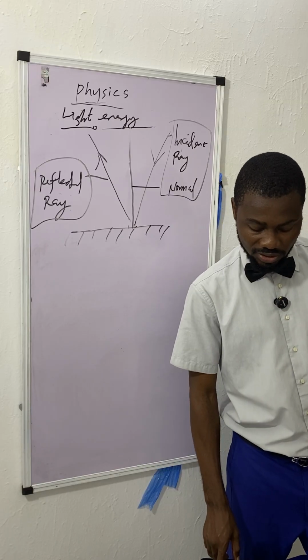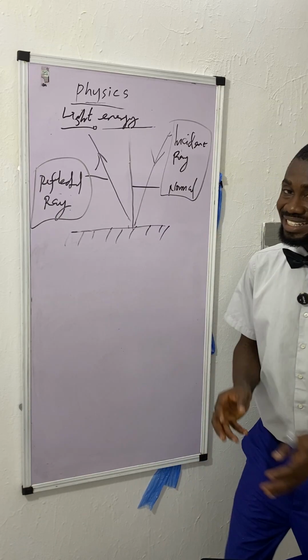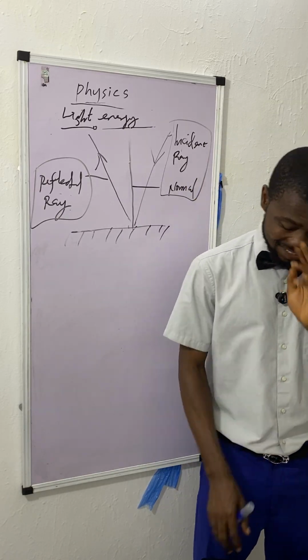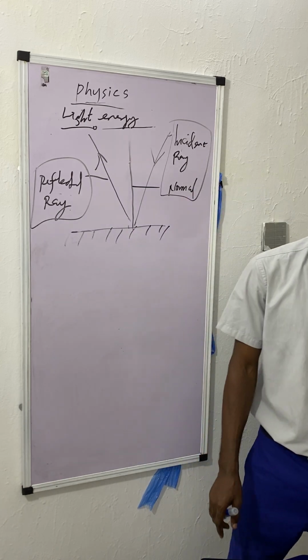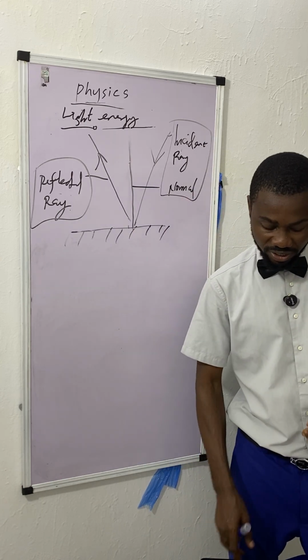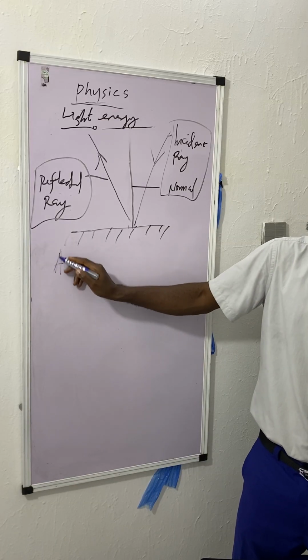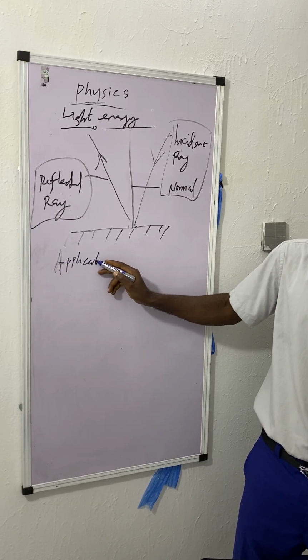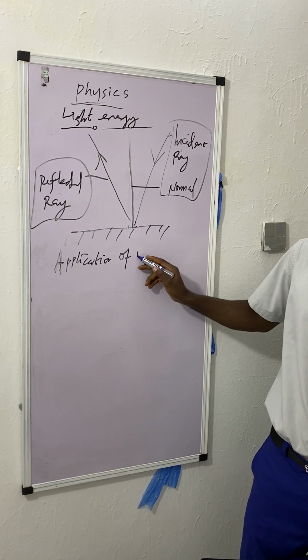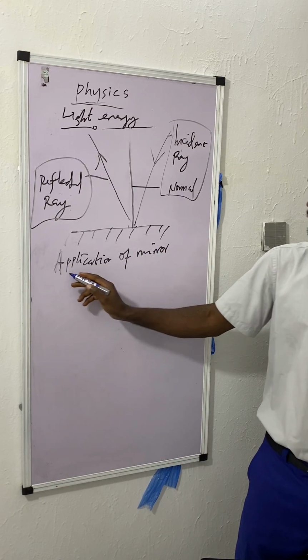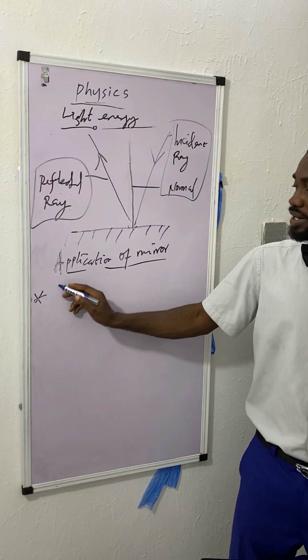There are some instruments that we have to learn here. It's commonly repeated in the College of Nursing Sciences entrance exam. Instruments like periscope, an application of mirror. Number one is periscope.